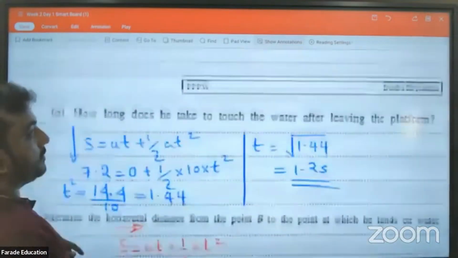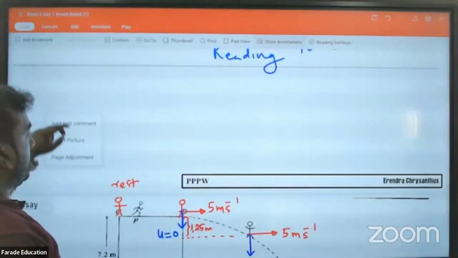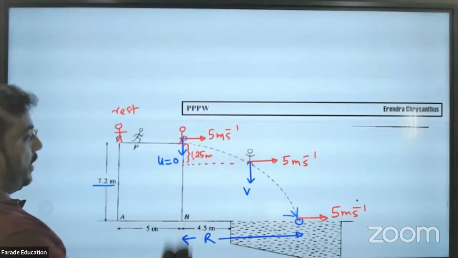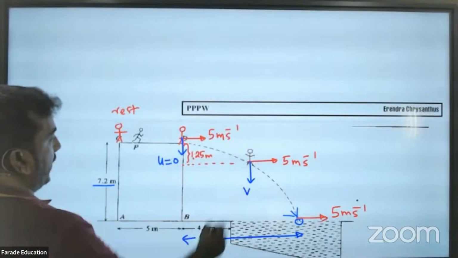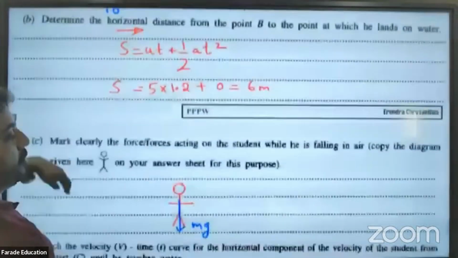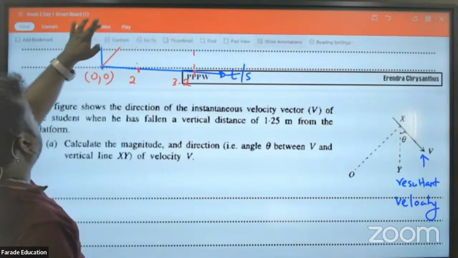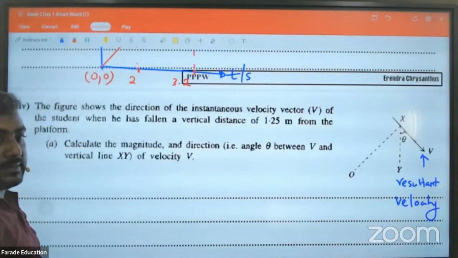Let's go back. So 1.25 meters down, starting from rest, you must find the velocity. After you find the velocity, problem solved. Here we go. Let's solve it. Simplify it.